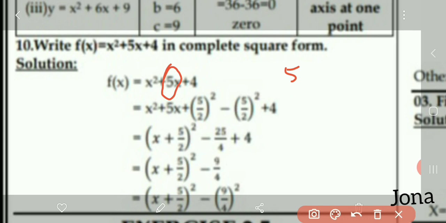First we want to take the coefficient of x here, that is 5. Divide this number by 2. Okay, that is 5 by 2. The square of this number, that means 5 by 2 the whole square, we have to add and subtract in the given equation.